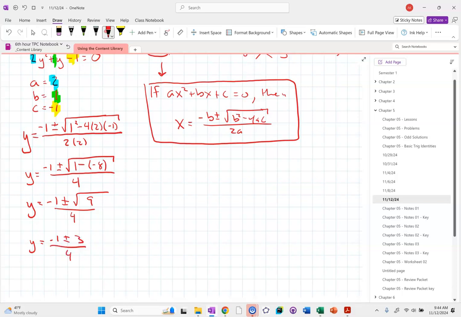How do I do negative 1 plus or minus 3? Is that just plus or minus 2? No! You have to split it, right? So you do negative 1 plus 3 and do negative 1 minus 3.